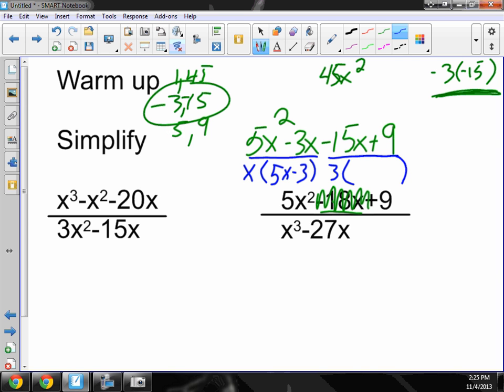If I just pull out a 3, do I get a 5x and a negative 3? No, I get a negative 5x and a positive 3. So to change that, I'm going to pull out a negative, which will make this 5x minus 3. Okay? So my factors are x minus 3 and 5x minus 3.